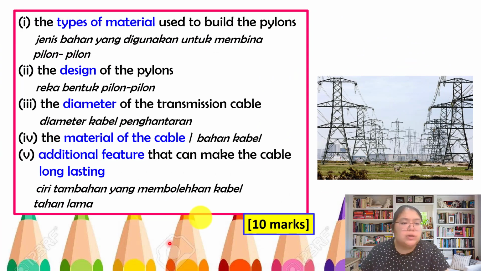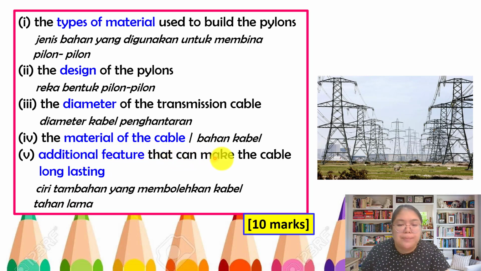The next one is the diameter of the transmission cable. The cable transmission is over a long distance, so sure, the resistance is very high. So how do you design the diameter? Number 4, the material of the cable. What material do we need to use? And the last one is the additional features.